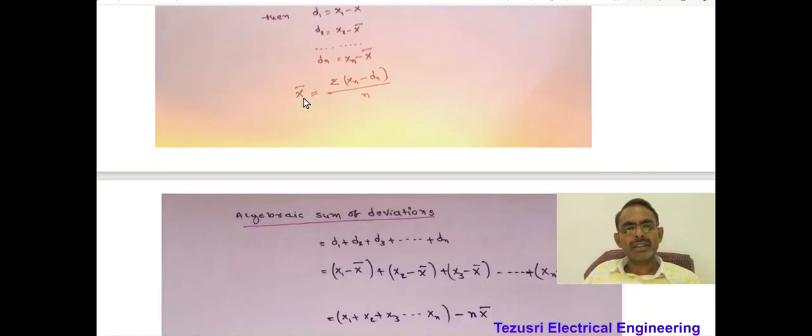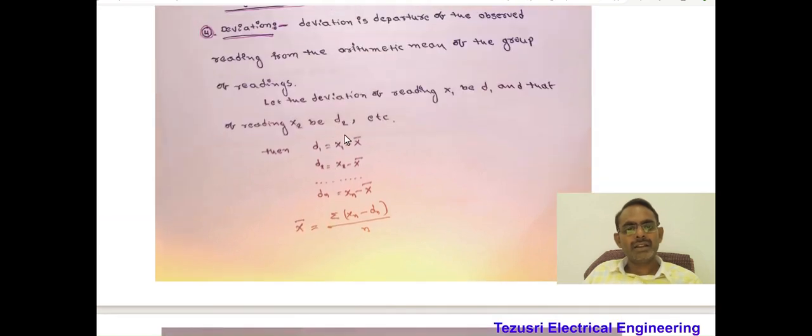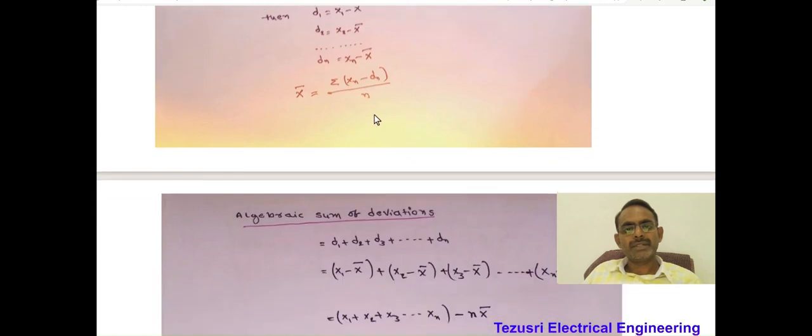Then deviation of x1 equals x1 reading minus arithmetic mean. Like this, d2 equals x2 minus arithmetic mean.